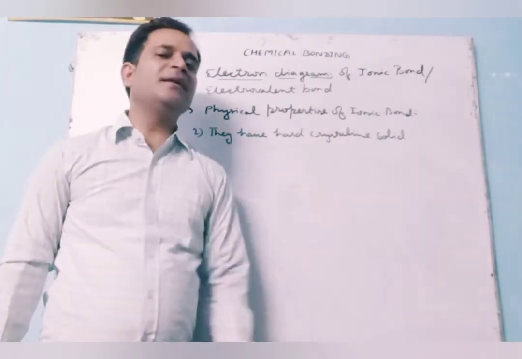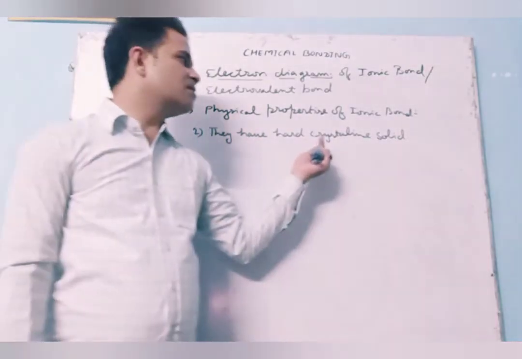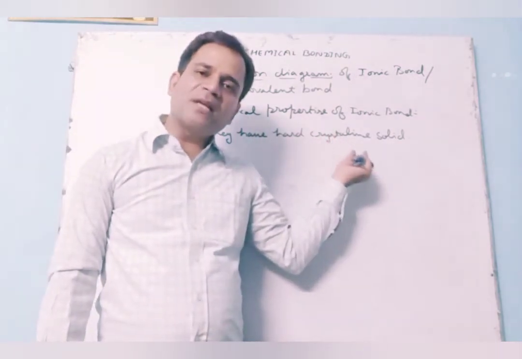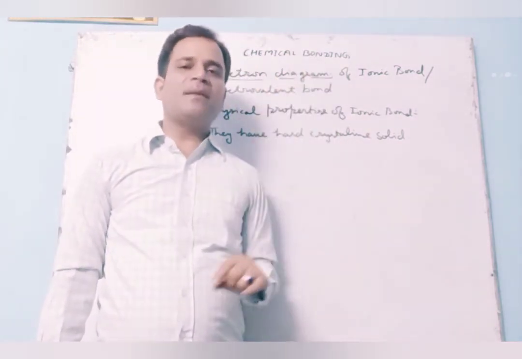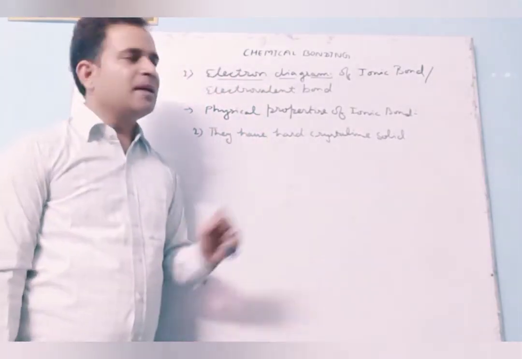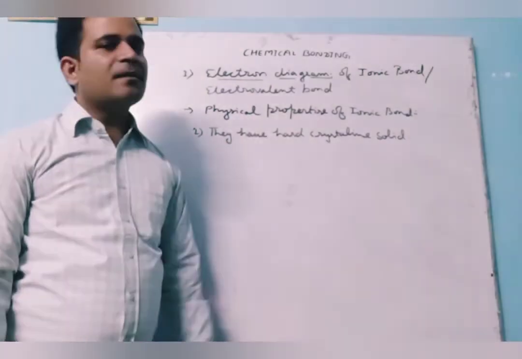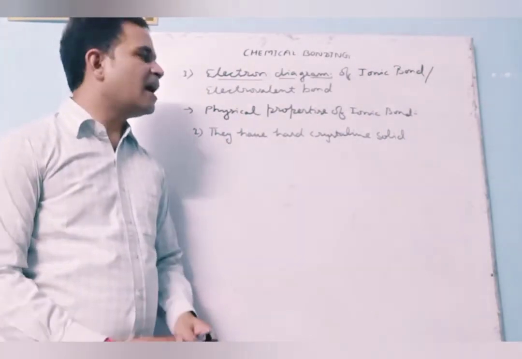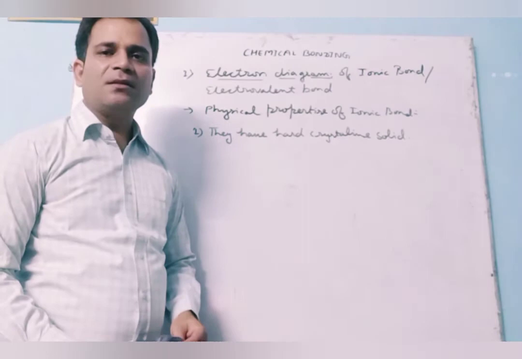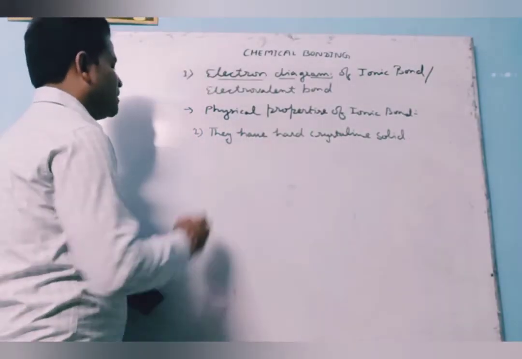Just as you see initially, it looks like a crystal structure. Crystalline means a solid substance which has a fixed geometrical shape. So whenever a solid substance has a fixed geometrical shape, it is said to be crystalline. So all the ionic compounds are basically hard and crystalline solids in structure. This one is the first physical property.